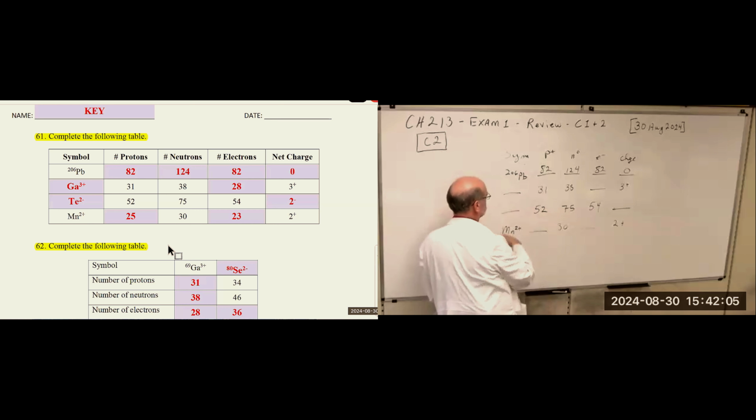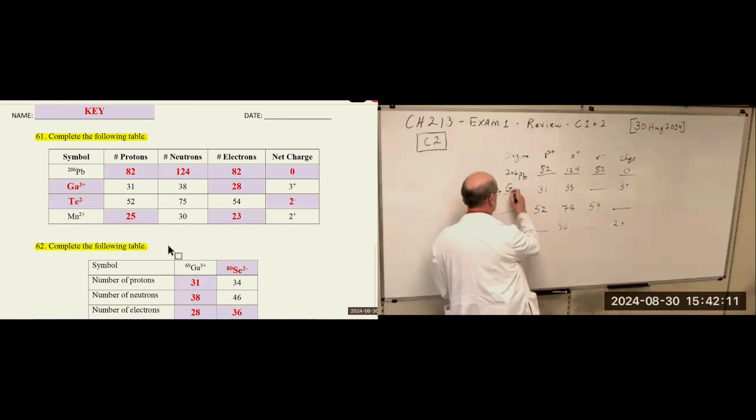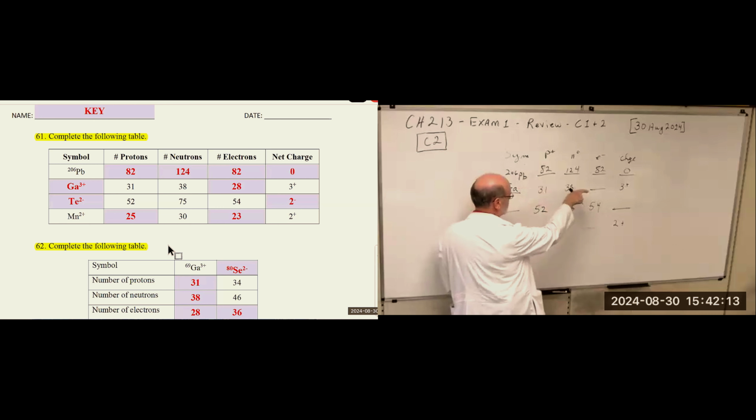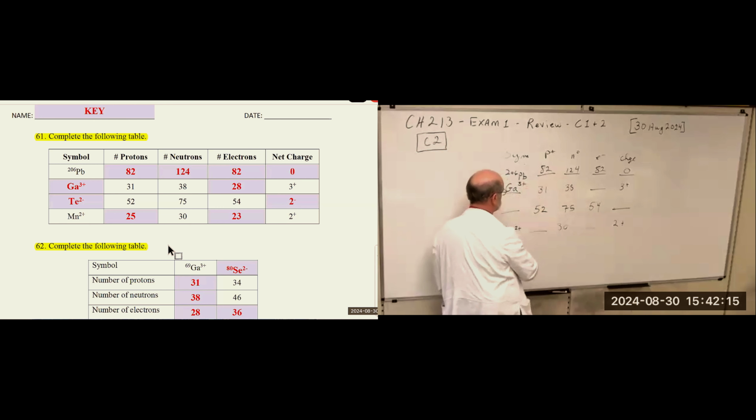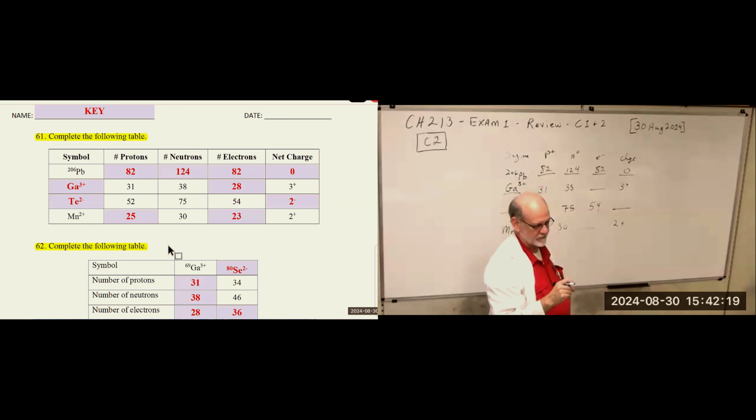How about this one? 31 protons. Let's see. Let me look over there somewhere. That's gallium. But it has a 3+ charge, we're told. All right, gallium is interesting. Its melting point is like 35 or 36 degrees Celsius.